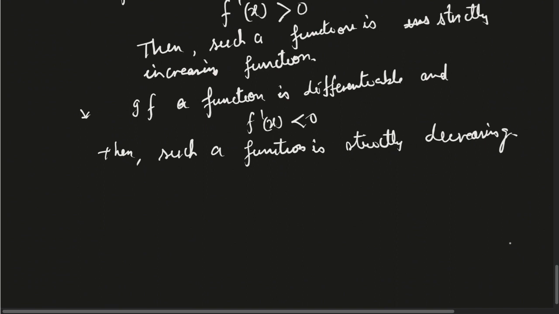So in order to show that a function is 1-1, we need to show that the function is either increasing or decreasing.